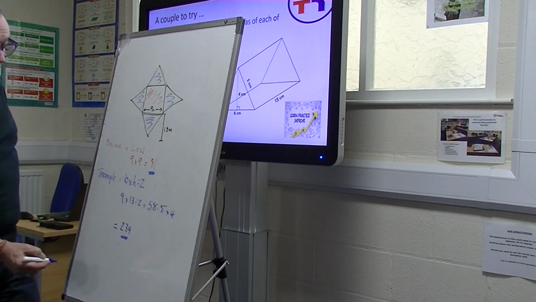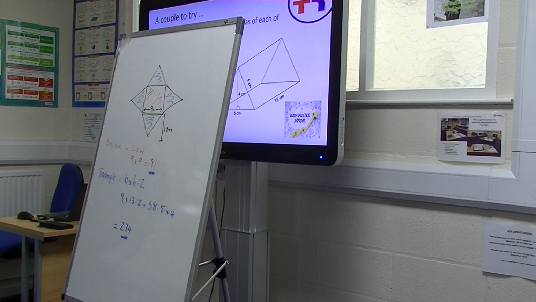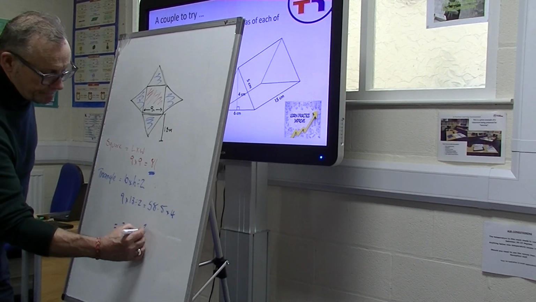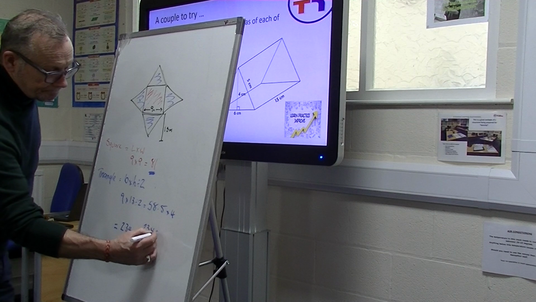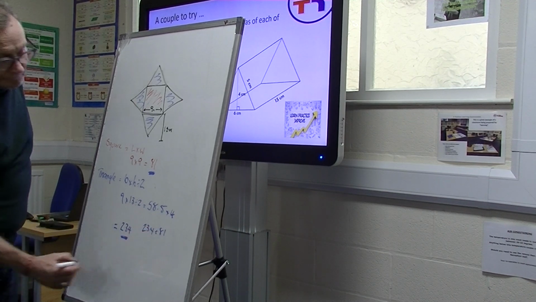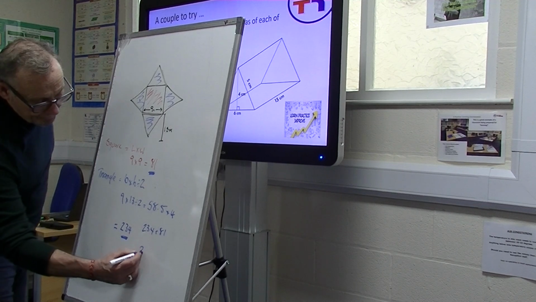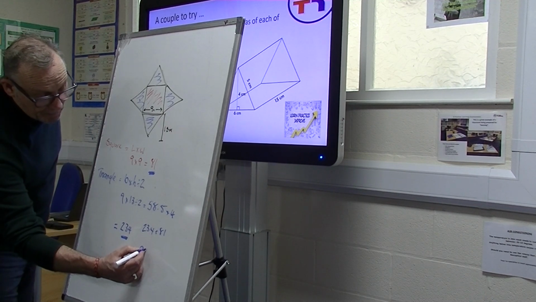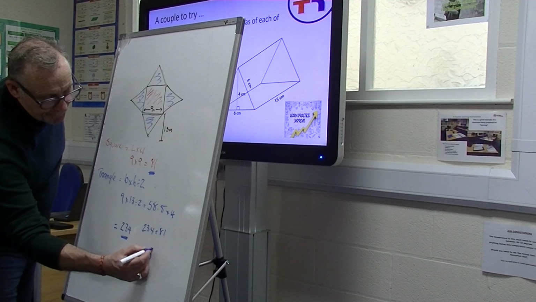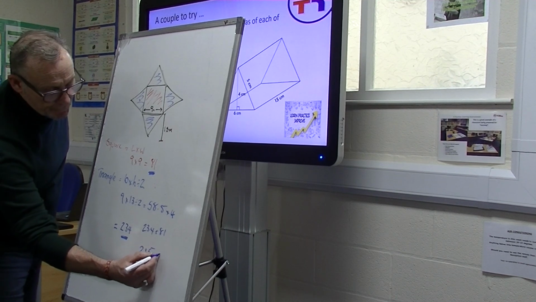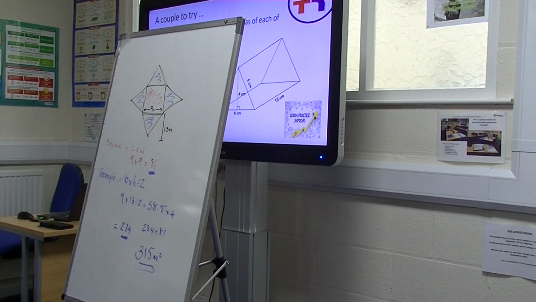That's the triangles, 234. We add those two together, which gives us 315 square metres.